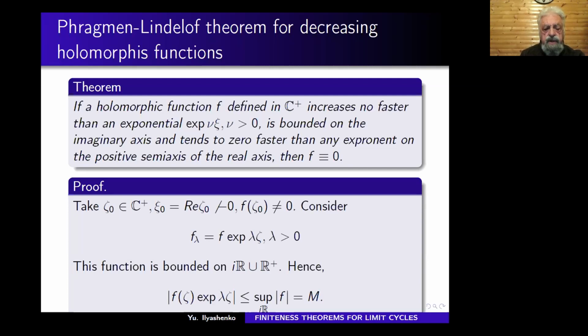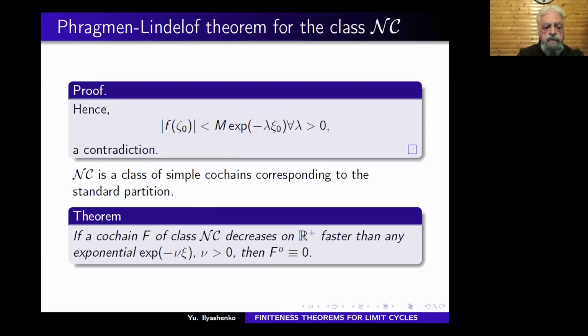The function f lambda is bounded on the imaginary axis and on the positive real axis. Hence, this function in all its domain is no greater than m, the maximum modulo on the boundary.